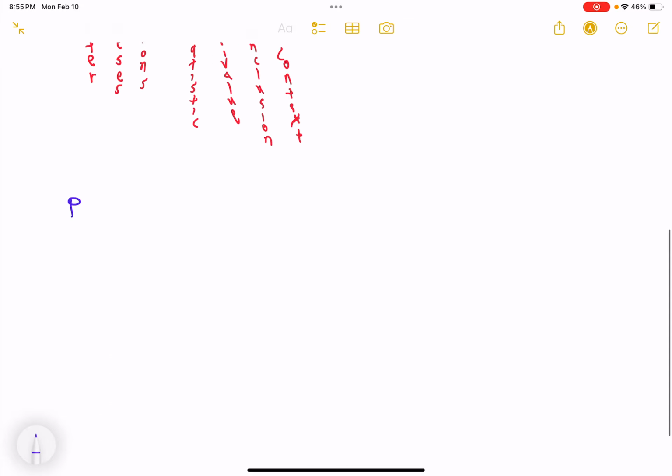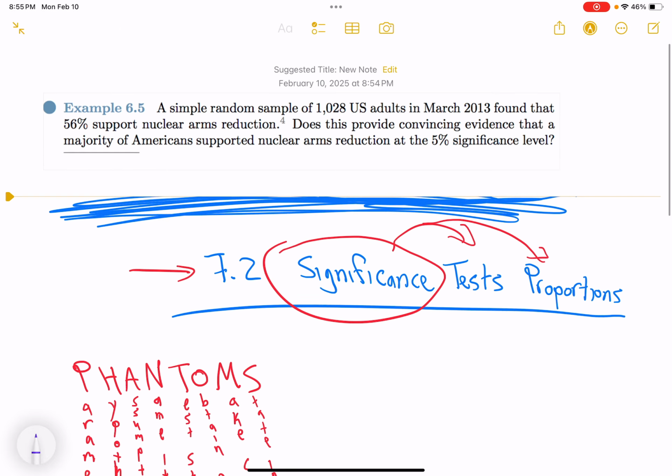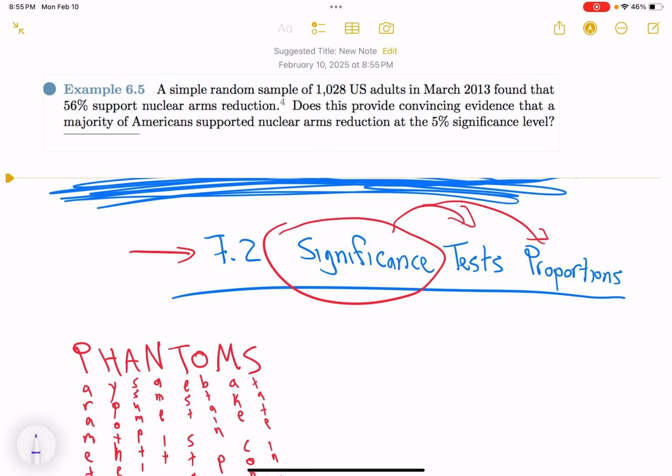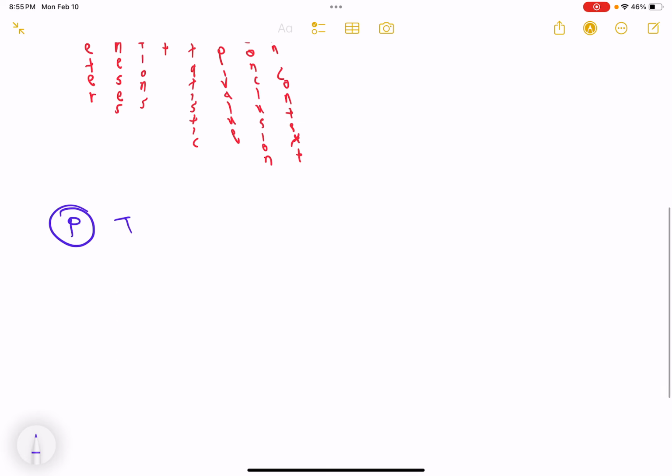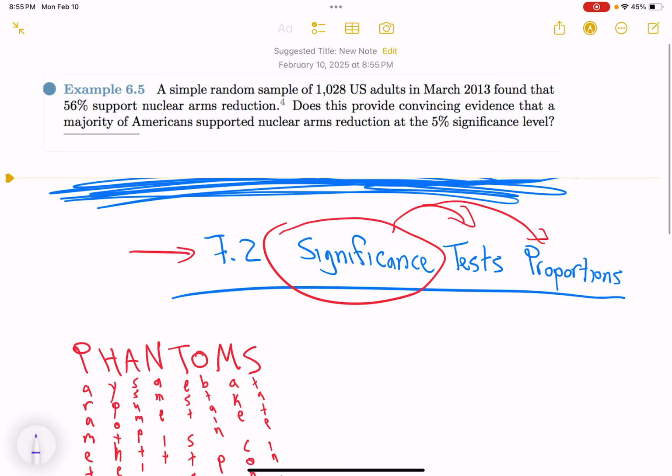Step 1 of PHANTOMS in this case will be identifying the parameter. And the parameter of interest here is support of nuclear arms reduction. So we'll start out with true proportion, because of course we're working with proportions, of, let me see if it says Americans.